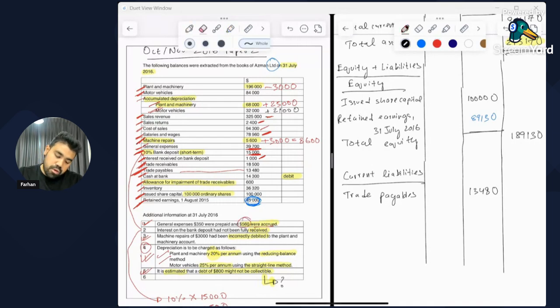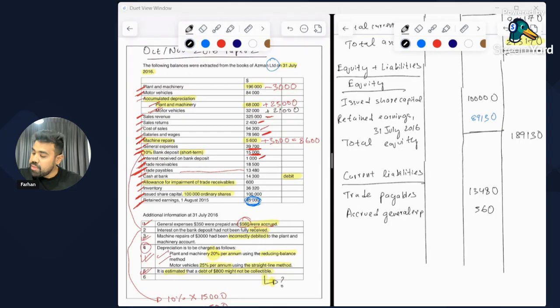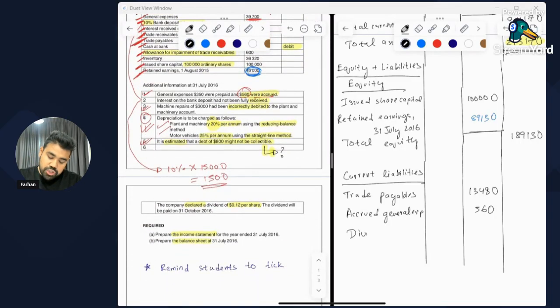Right? So accrued general expenses, 560. Do we have any other information? Yes, we've got the dividend payable from additional information number 6. Do you recall? The dividend payable that we calculated was $12,000. Okay, so that's it for all the liabilities that we have.